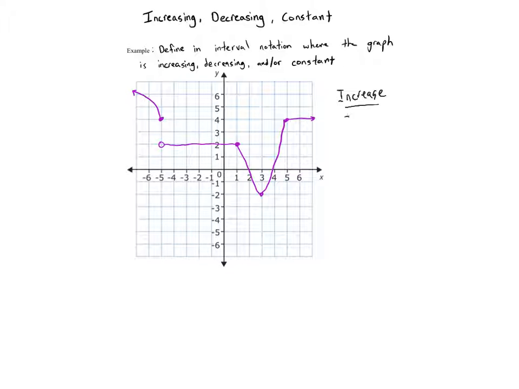No, just the interval notation. So from 3 to 5. And if I had an open circle, I would put, I'm sorry, parentheses. I think it passes 4 to 5. Increasing from 3 to 5.